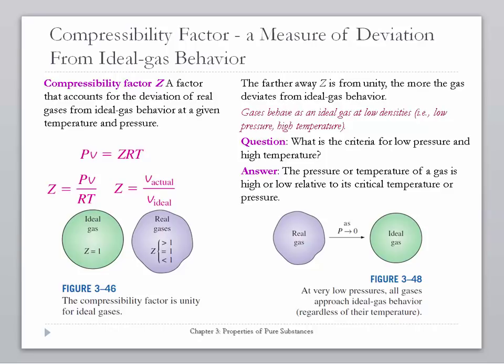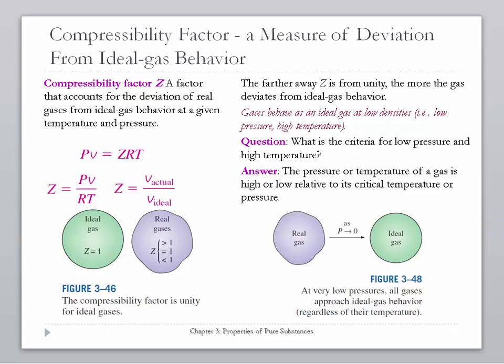However, when it deviates from 1, when it's larger than 1, or when it's significantly lower than 1, then you're going to have significant errors or deviations if you use the ideal gas. Whenever we want to find out the value of Z, we simply take the pressure times the specific volume and divide it by RT.